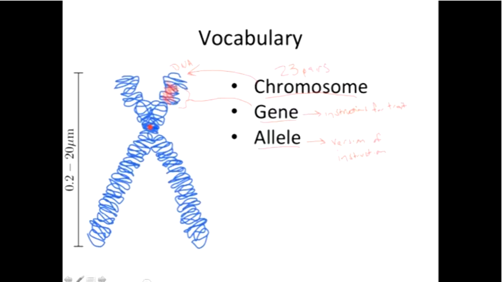With gene, we're generally talking about this section and overall what it controls. When you're talking about an allele, you're talking about which version is here and which version is there. There's usually on each side of the chromosome pair a gene that might control a trait, and when we use the word allele, we're talking about which version is here, which version is there.